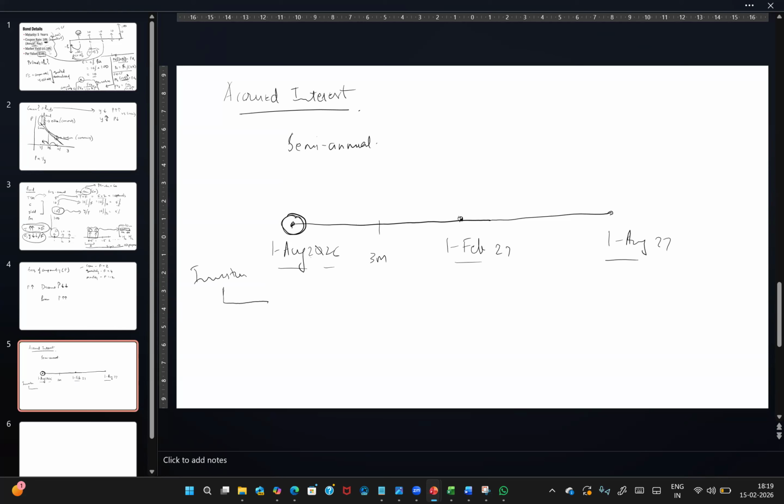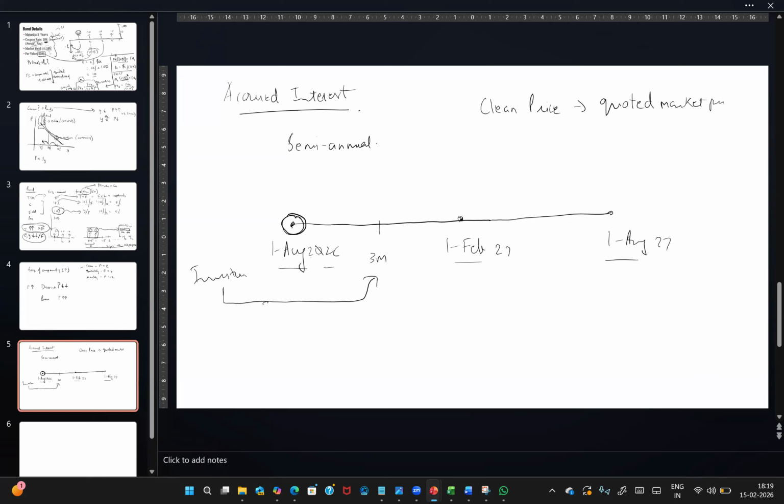They want to sell the bond in the market. When they sell the bond in the market, the bond price which is quoted in the market is called the clean price. This is the quoted market price of the bond.